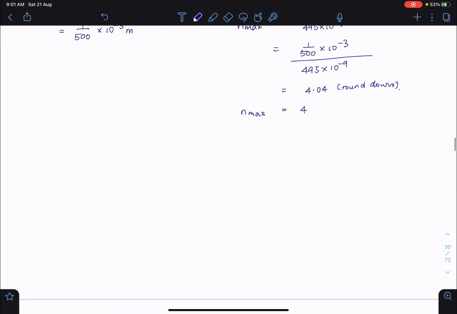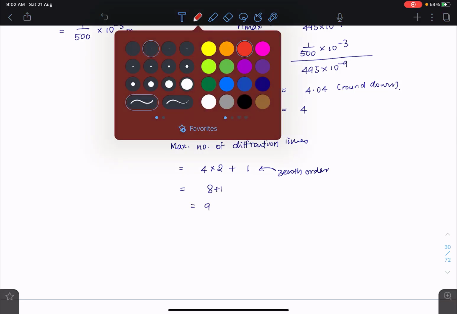And so therefore the maximum number of diffraction lines, because of the symmetry, we will have 4 orders, and each order can have 2 diffraction lines, plus the 1 which corresponds to the 0th order, and that will give me 8 plus 1, and that is 9. So this is my answer.